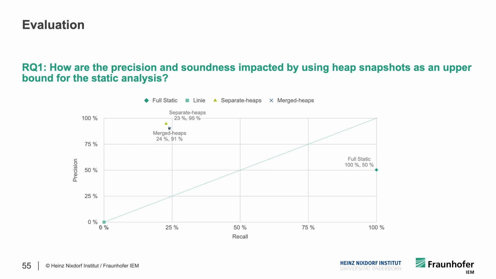Then when we use these dynamic heaps, you see these different configurations here. They're actually pretty close to one another, right? So separate heaps and merged heaps in this case. But you see that the precision was dramatically improved, right? So we basically had almost no false positives, which is really kind of surprising, right? Because the dynamic information we used here is relatively coarse, right? It's only heap information. So in particular, we have no detailed information about conditionals and paths and so on, right?